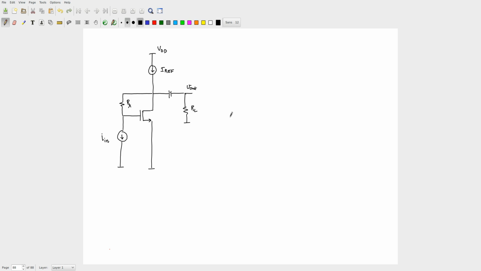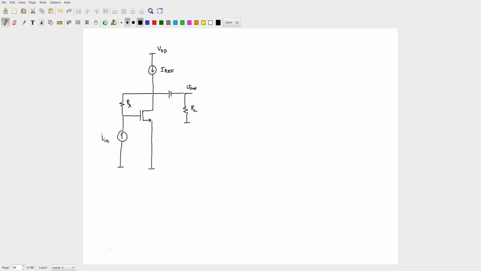So how will this look? Now what I am going to do is that here, drawn this way, I in is the source, right? Your signal source. Let's assume that we want that current to go into the device, so we'll flip this direction. It does not matter.